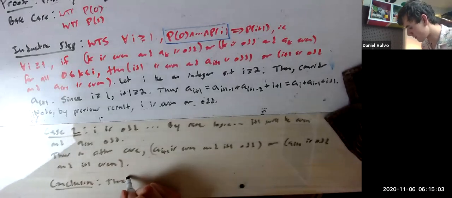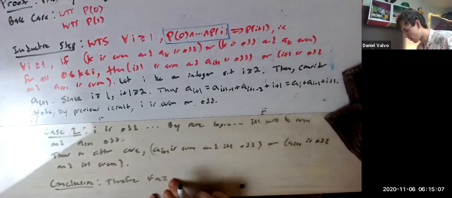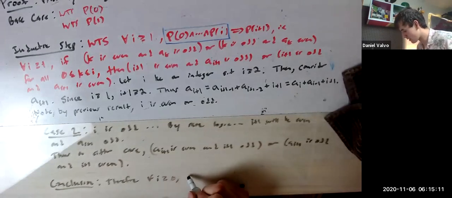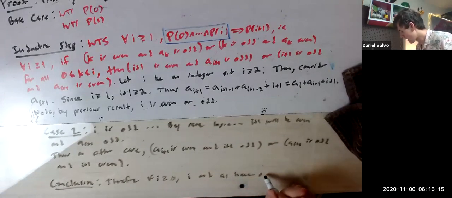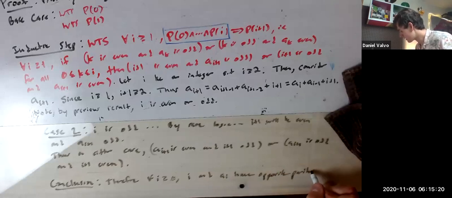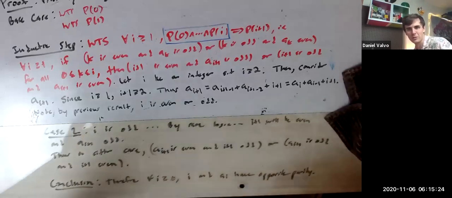Conclusion. Therefore, for all n greater than or equal to 0, or for all I greater than or equal to 0, I and AI have opposite parity. Meaning one's even and one's odd, or the first one's even and the next one's odd, or the first one's odd and the next one's even.